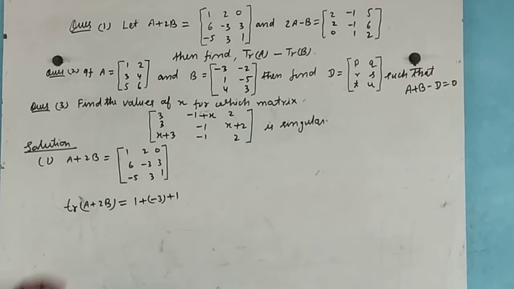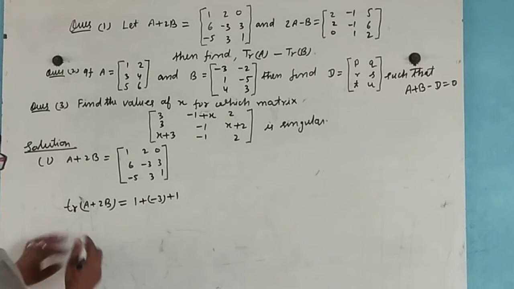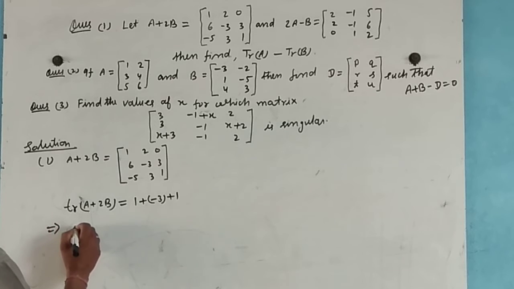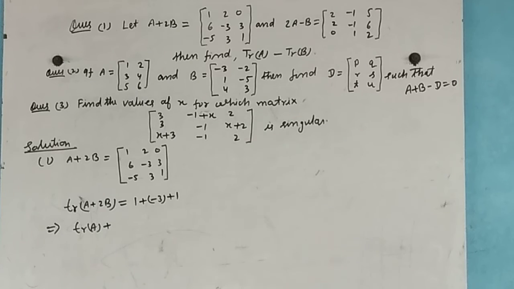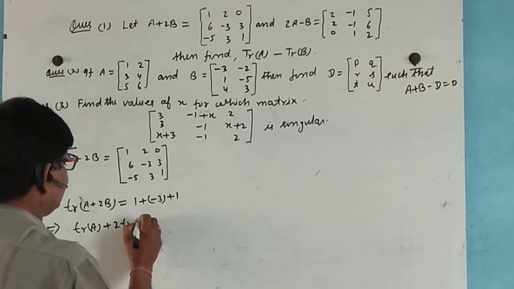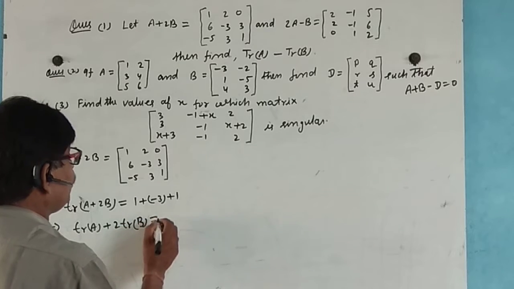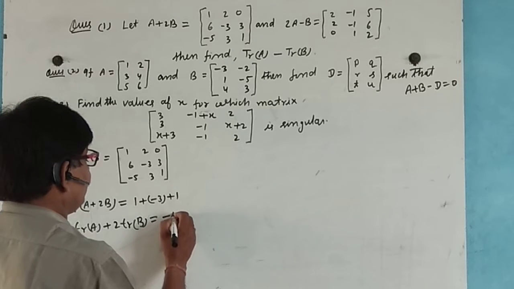Since trace of A plus B equals trace A plus trace B, it can be written as trace A plus 2 trace B equals 1 minus 3 plus 1, which is minus 1.